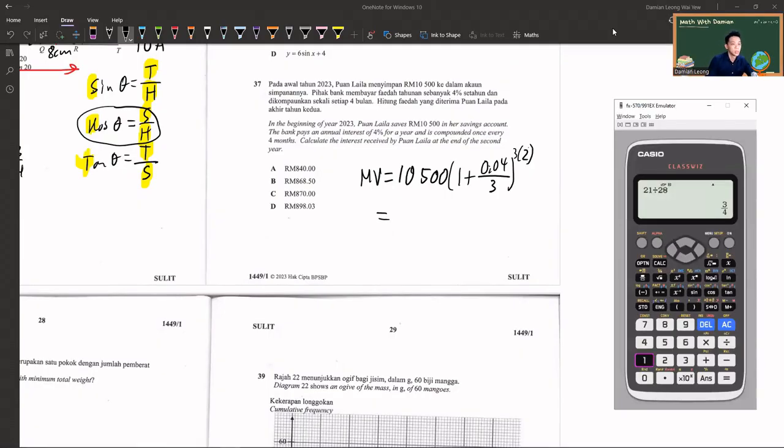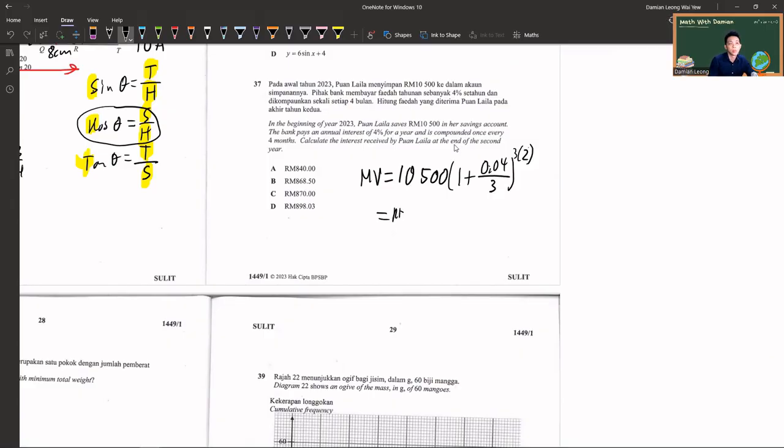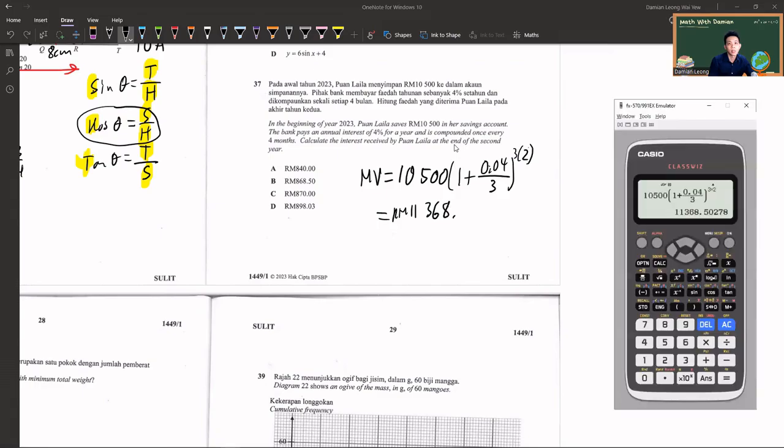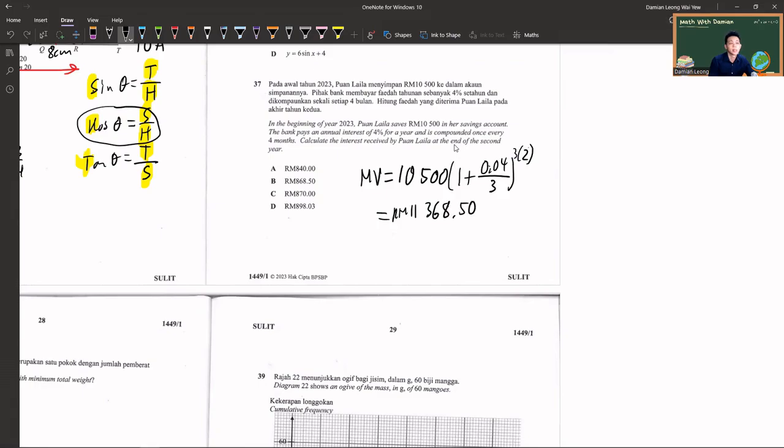So 10,500 bracket 1 plus 0.04 over 3, power 3 times 2. So 11,368 ringgit 50 cents.